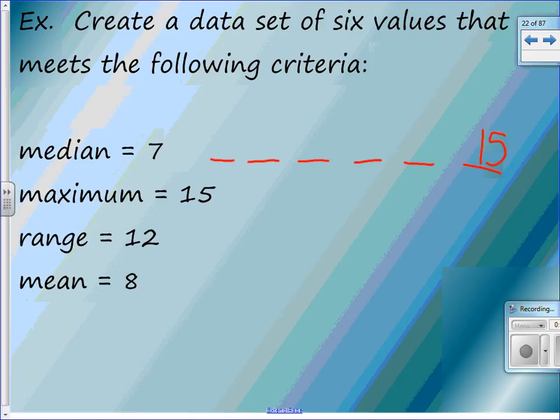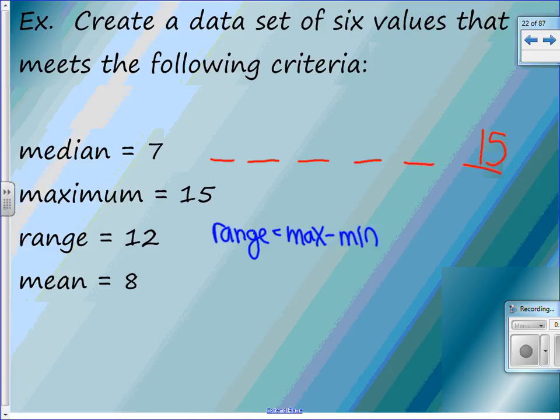Okay, you have another one, Lisa? Yeah, find the minimum, subtract 15. Yeah, so to find the minimum, it's the maximum minus the range. Okay, so we know that the range equals max minus min.